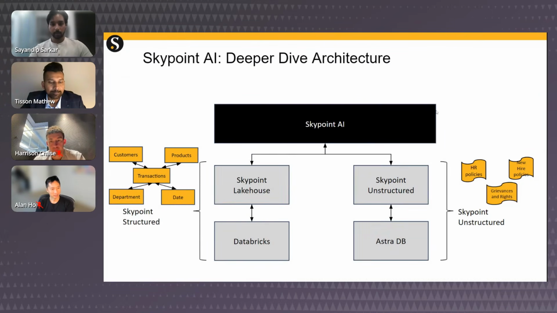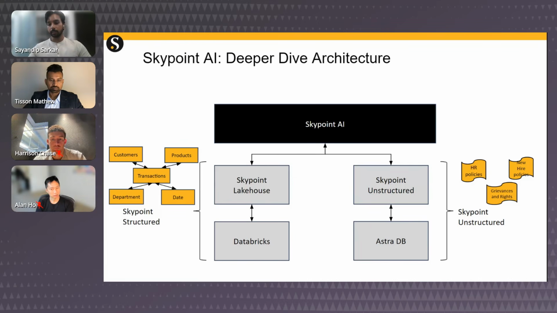Yep. All right. So, as Tisson touched upon, our agent basically works on two different pieces of data. One is the structured, which is lakehouse data, clean gold layer data that you typically see customers run their Power BI reports or dashboards off of.